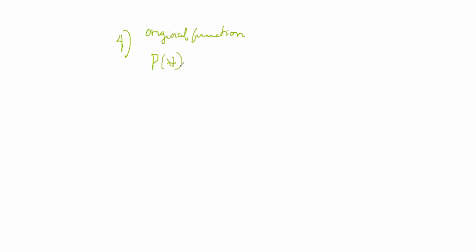Mm-hmm. Exactly. Okay. So now I know I need to find P prime of H, or is it going to be dH/dP or dP/dH? dP/dH. Exactly. Whatever is inside here is going to go on the bottom because that is the independent variable.